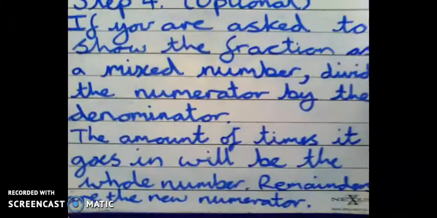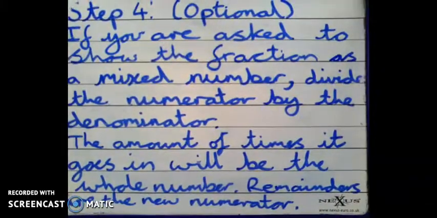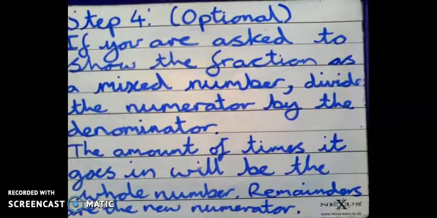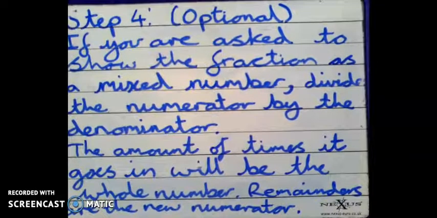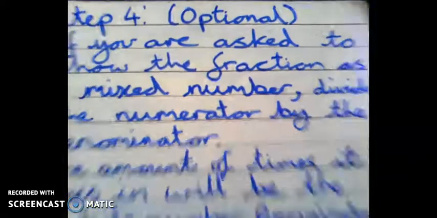If you've been asked to show your answer as a mixed number, you now need to divide the numerator by the denominator. The amount of times that denominator goes into the numerator becomes the whole number. Anything left over as a remainder becomes a numerator over the denominator you have previously been working with.